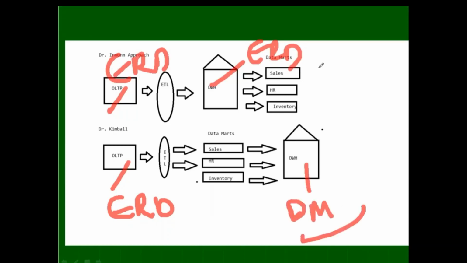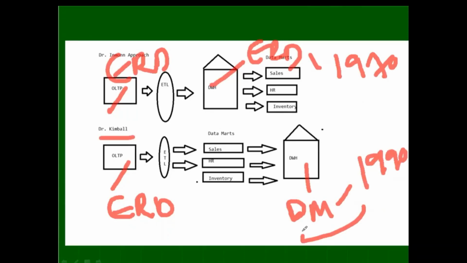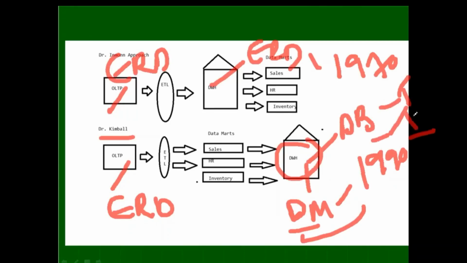Clear? ERD modeling was done in the 1970s by Dr. Peter Chen, and dimension modeling was introduced in 1990 by Dr. Kimball. According to him, the data warehouse is a database. Database means tables. The tables will be of two types, dimension tables and fact tables. Here also it is a database, and database means tables.